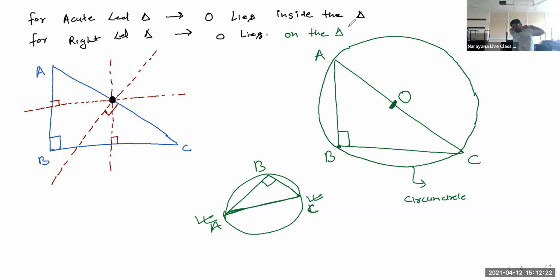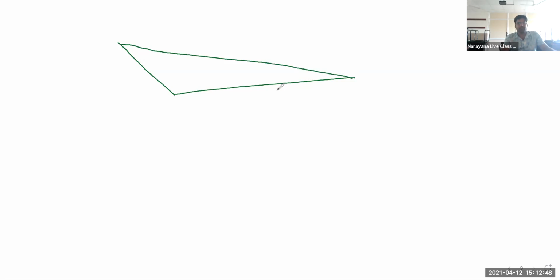Okay. So we have studied this much. Now we are moving towards another thing. Where does O lie for an obtuse angled triangle? So I am making another diagram. I'm just making an obtuse angled triangle, and then I will check. This is an obtuse angled triangle. So make a perpendicular bisector of this side. Also make a perpendicular bisector of this side. Also make a perpendicular bisector of this side.